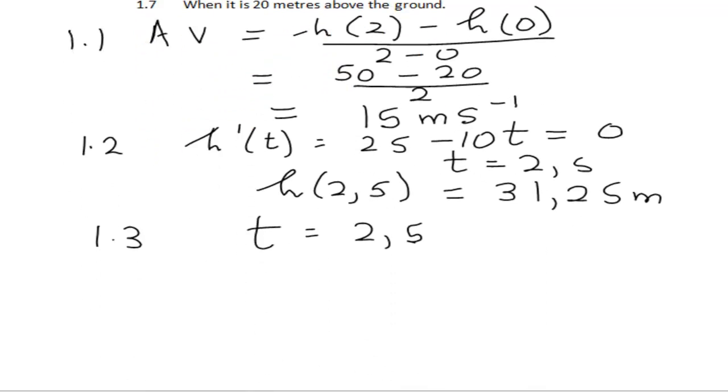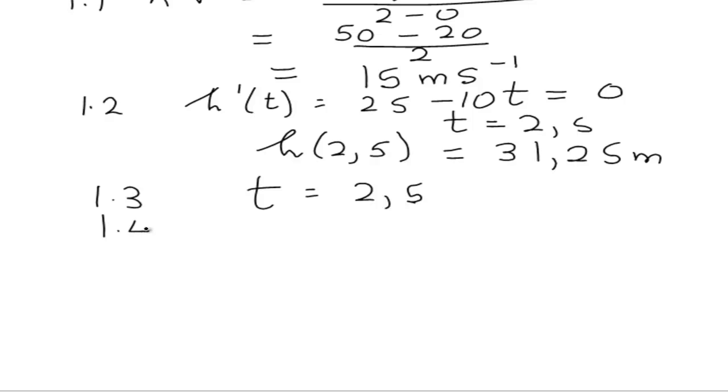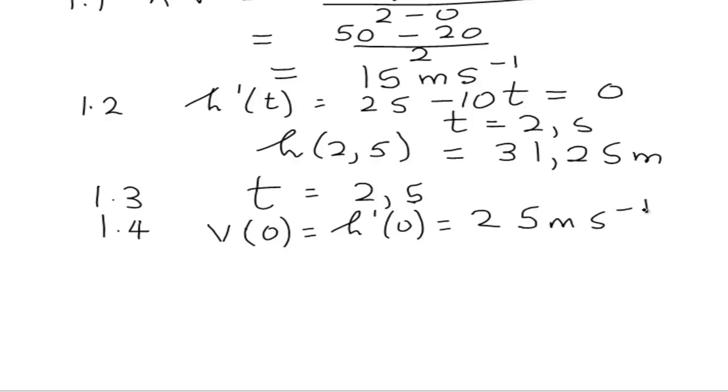So 1.4, initial velocity: we can say v of 0, which was h prime of 0, and the initial velocity, replacing t by 0, you get 25 meters per second. And then the velocity after 2 seconds, v of 2.